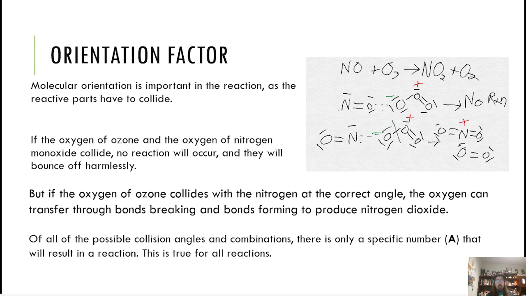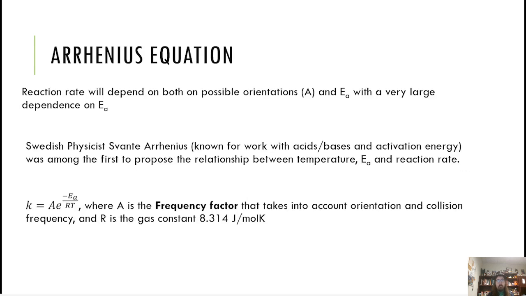However, this is going to be a less important value than our activation energy. So that gets us finally to the mathematical equation that we need to consider. The reaction rate will depend on both possible orientations A and the activation energy E sub A. However, the largest dependence is on E sub A.